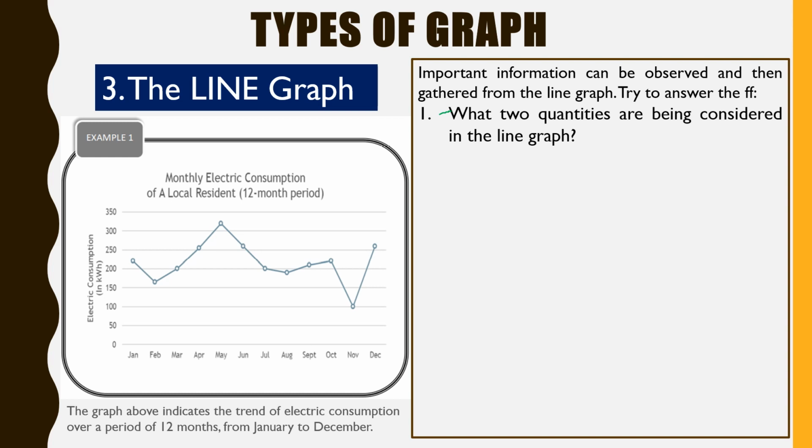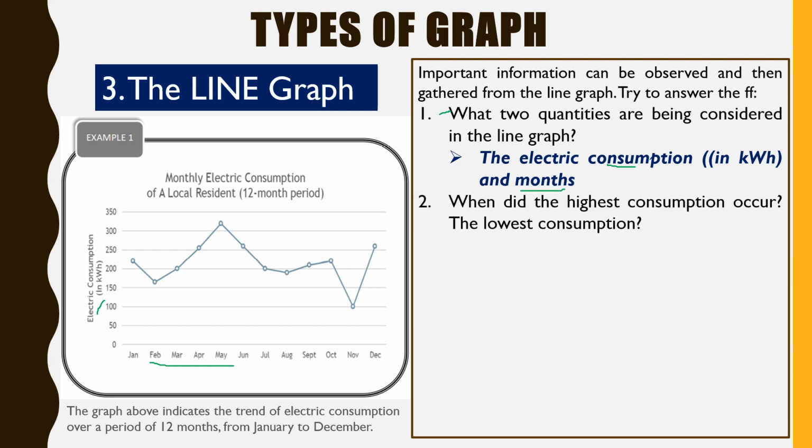So for the x-axis or the horizontal axis, these are the months, and for the y-axis, it is the electric consumption in kilowatt hours. So those are the two quantities being considered in our graph.